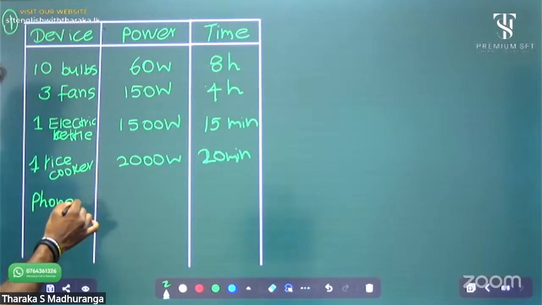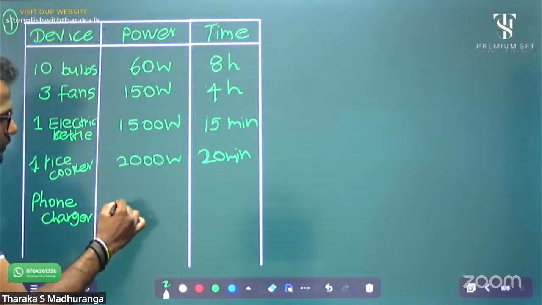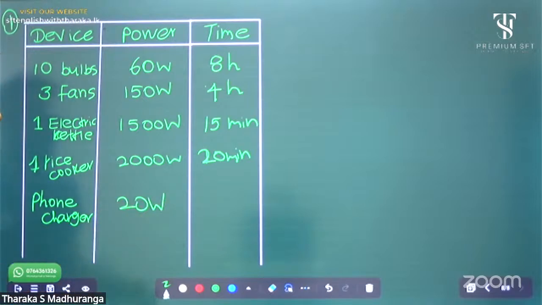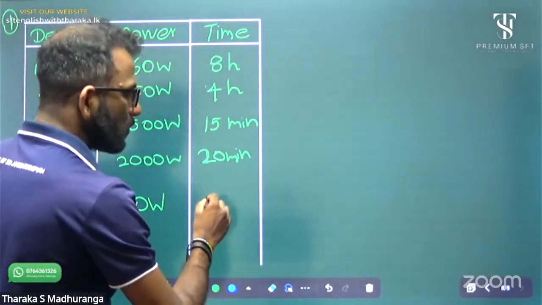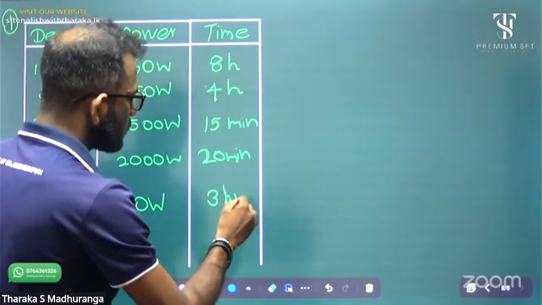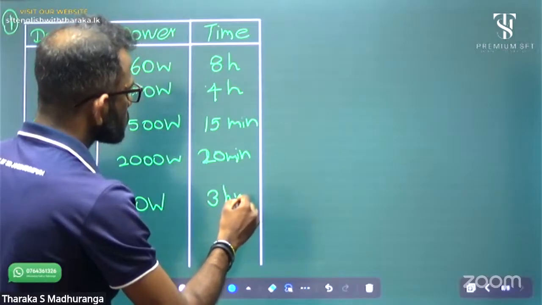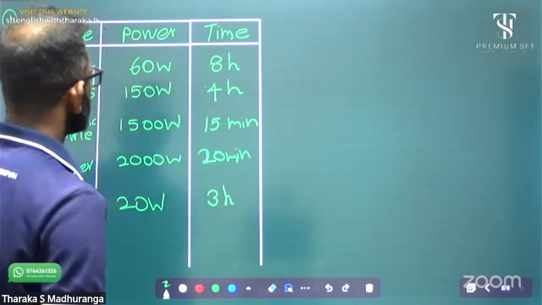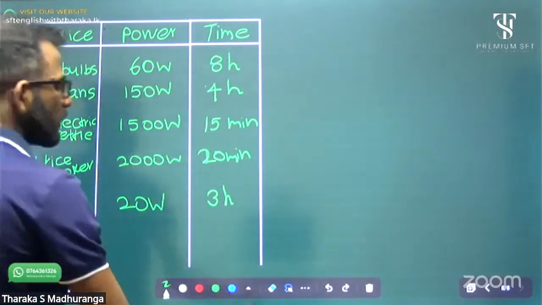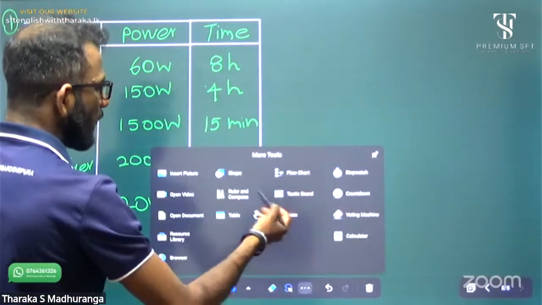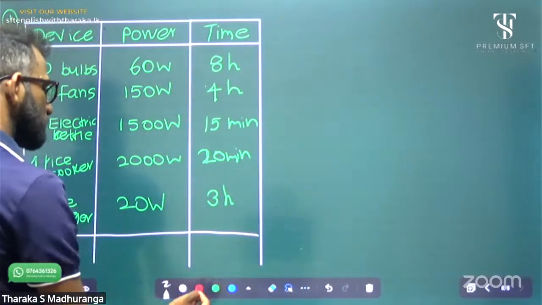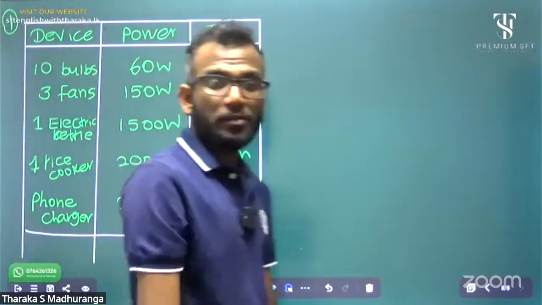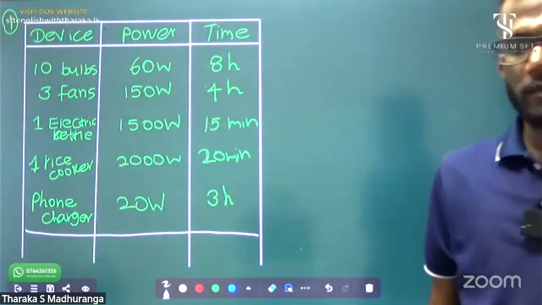Only one phone charger. It has 20 watt, used for 3 hours. Okay, those are the electric devices used, their power values and time consumption for the usage.